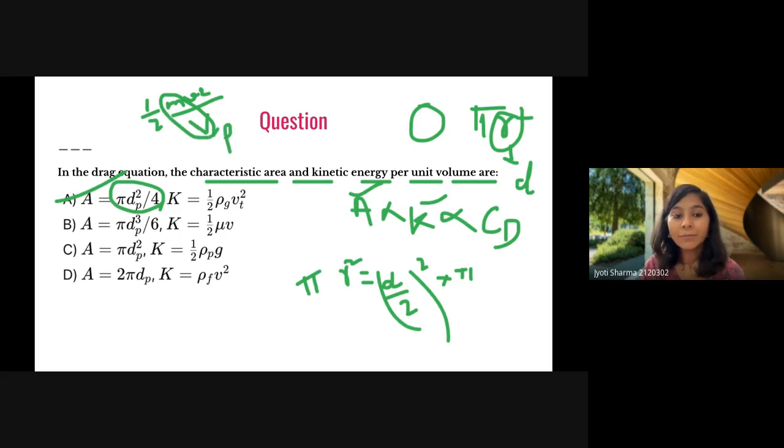So this will be 1 by 2 rho v square. So that's how A answer is the right one. Drag force has area, and because it is spherical, we have to take the circle area. And for kinetic energy, we know 1 by 2 mv square, but if it is per unit volume, then m upon v gives you the density.